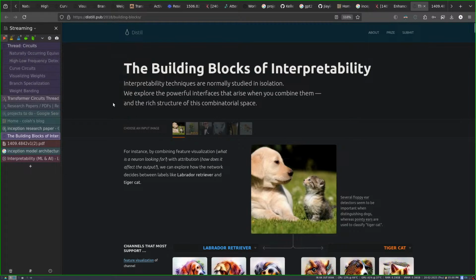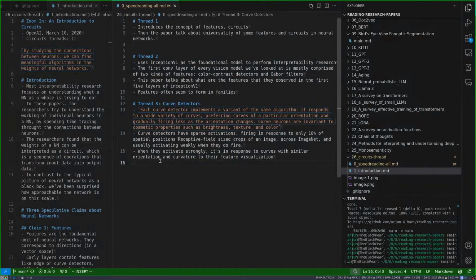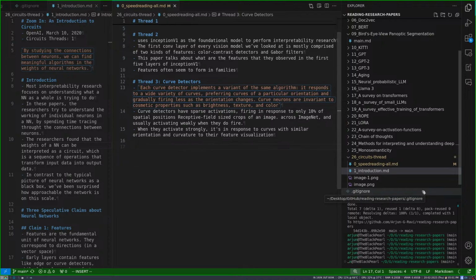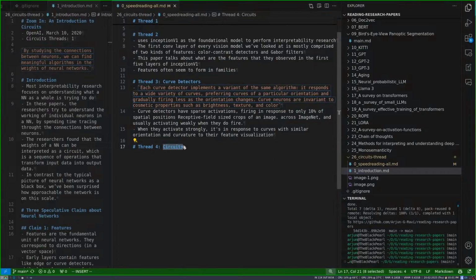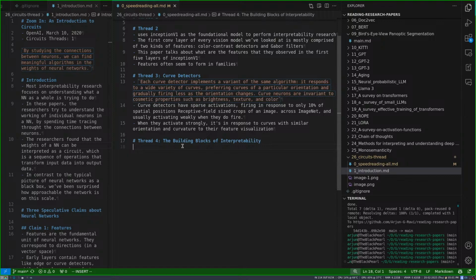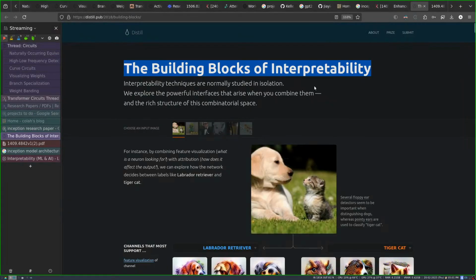Curve detectors. Building blocks of interpretability. Interpretability techniques are normally studied in isolation.